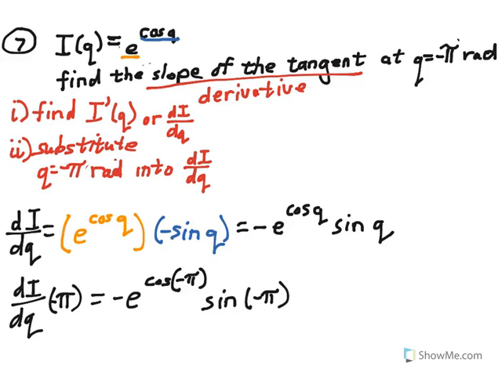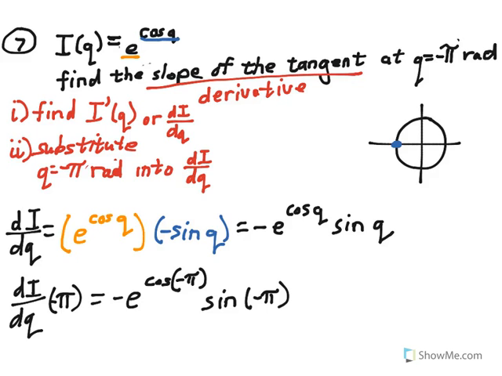Okay. Now, let me see how well I remember my unit circle here. So if you've got your unit circle, then pi radians is right there. So that means cosine of negative pi is also there. So cosine of negative pi is 0.